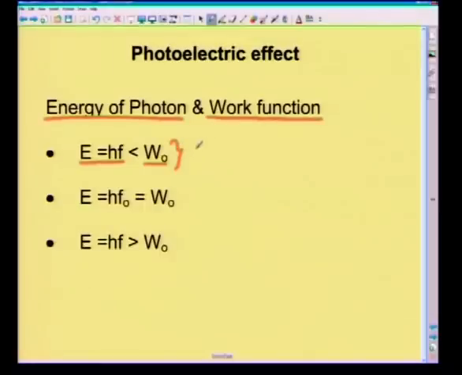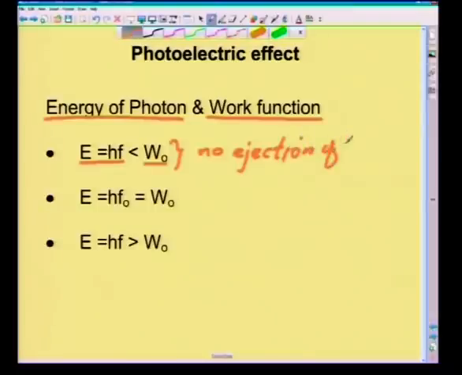I can hear some of you mumbling the answer there, and some of you are correct, of course, to say that what is going to happen is that we will have electrons not ejected. There will be no ejection of electrons in this situation.